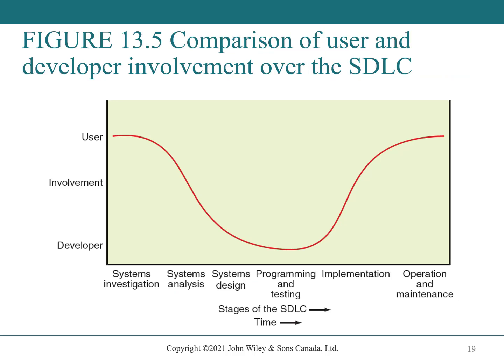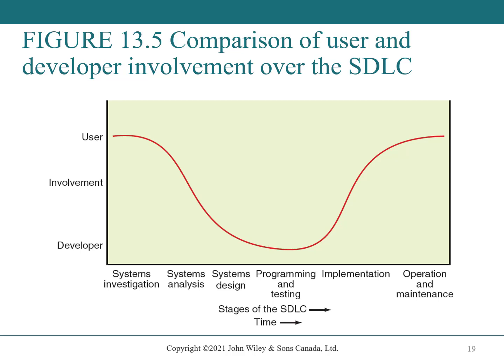Figure 13.5, comparison of user and developer involvement over the SDLC. On our x-axis, we have the stages of the SDLC, as we've just discussed, which is also time in the project. And we can see that on the y-axis, we have user involvement at the top and developer involvement at the bottom. So we can see that the developer is heavily involved in the systems design and programming and testing stages.